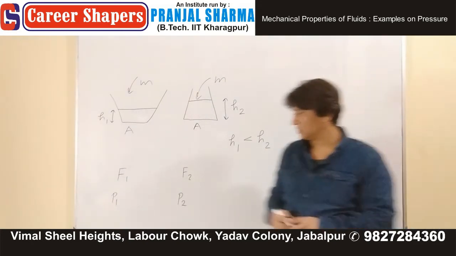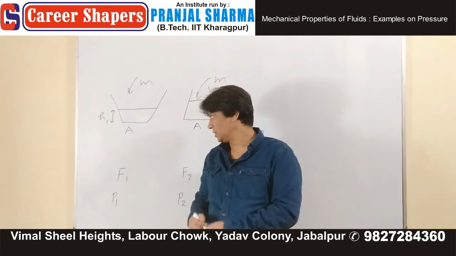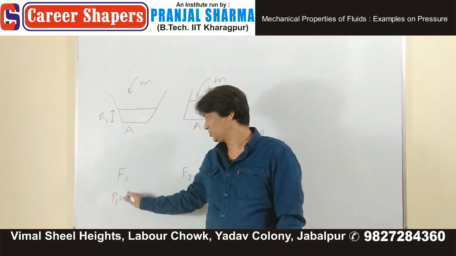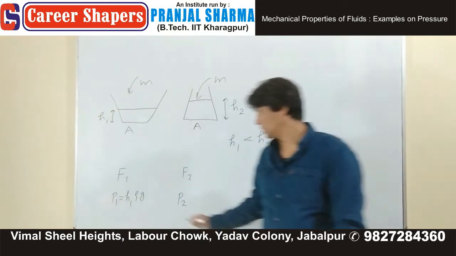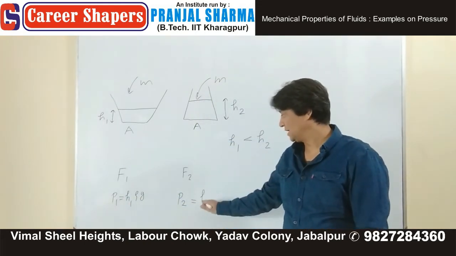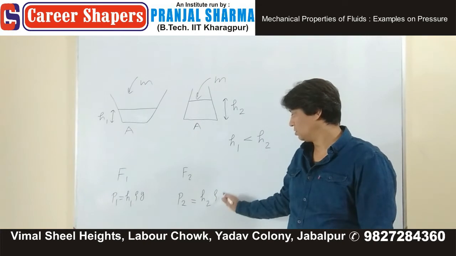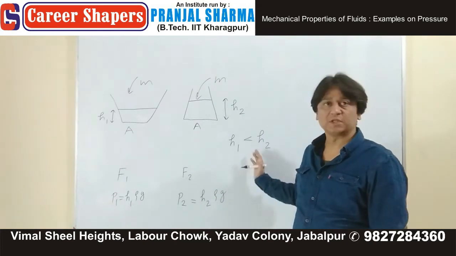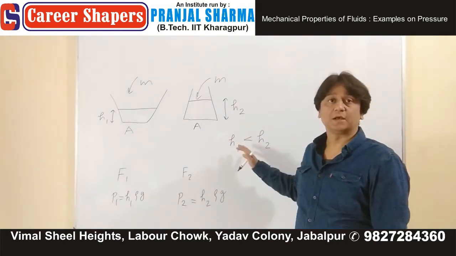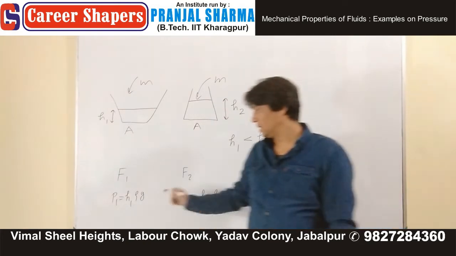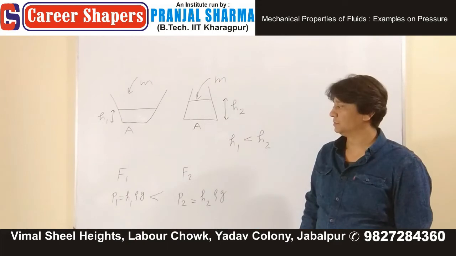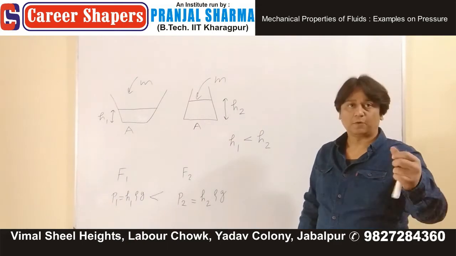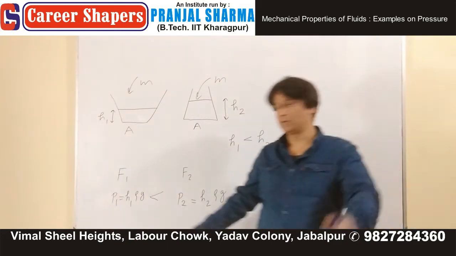What is P1? P1 is H1 rho g. What is P2? H2 rho g. But H1 is less than H2. Simple feeling, and therefore P1 is less than P2. What about F1 and F2? What is force?